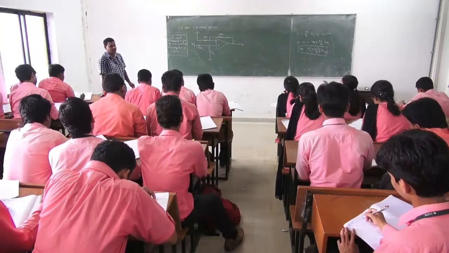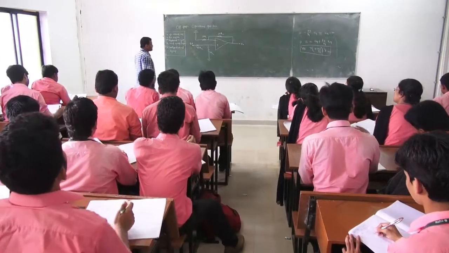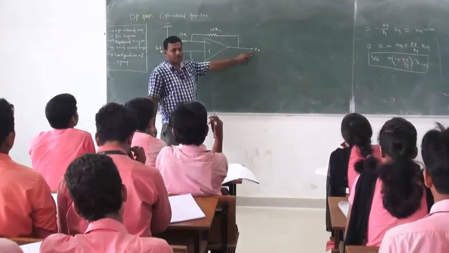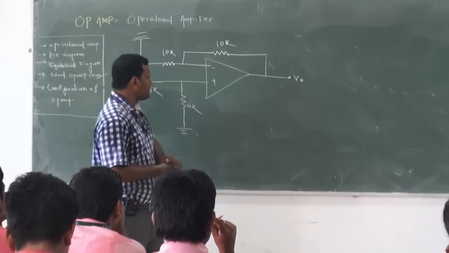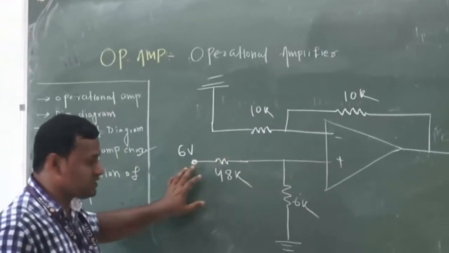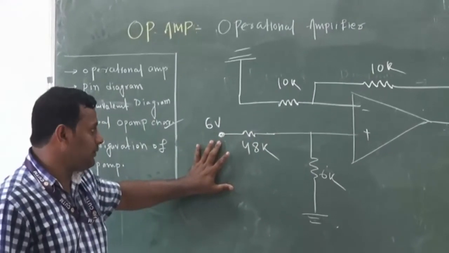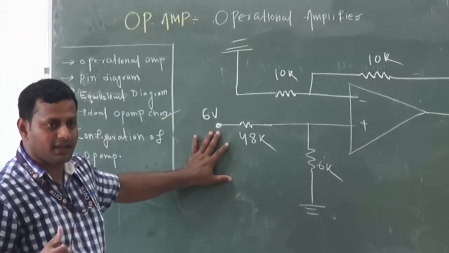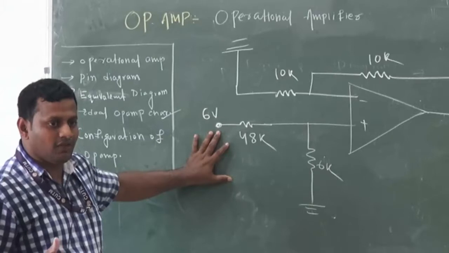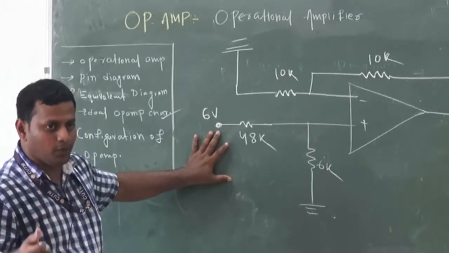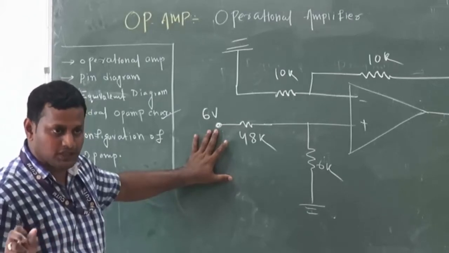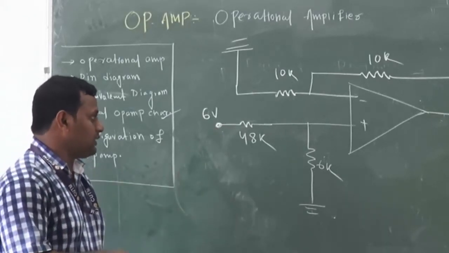Acha, all of you just listen. I am asking to find out the value of V0 and you have to just check at which point my voltage is applied. At this point. So from this I got an idea that it is a non-inverting op-amp. That means my output will come in phase with the Vin. No negative sign, only positive sign it will come.